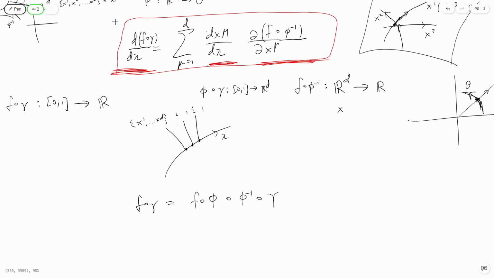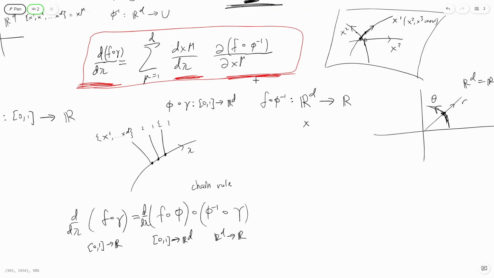And now we consider this part, and when we take the derivative of this with respect to lambda, this becomes a chain rule, where this was a function from 0, 1 to R, this was a function from 0, 1 to R^d, and this is a function from R^d to R. We take the derivative, we need to do the chain rule, and that's how we arrive at this expression.